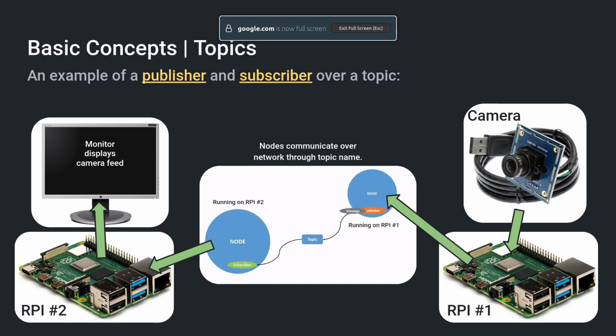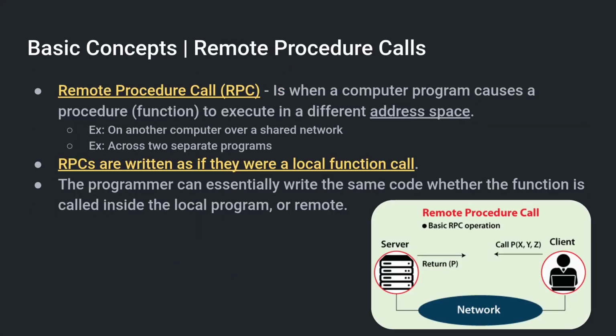Alrighty, so let's go ahead and talk about RPCs, or a remote procedure call. What is a remote procedure call? An RPC is when a computer program causes a procedure or function to execute in a different address space. By different address space, this could mean on a different computer over a shared network, or even across two separate programs.